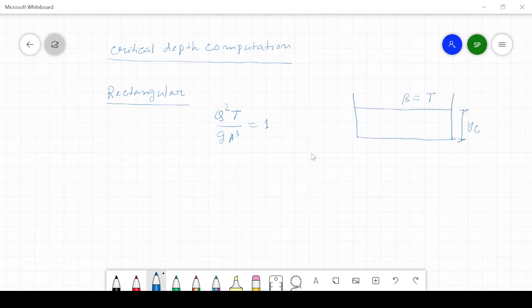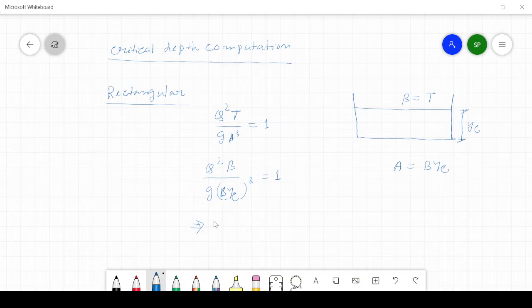So if we replace here, Q square T means B, A is equal to B Yc. So Q square B by g B Yc whole cube is equal to 1.